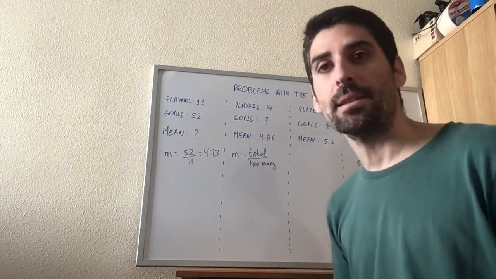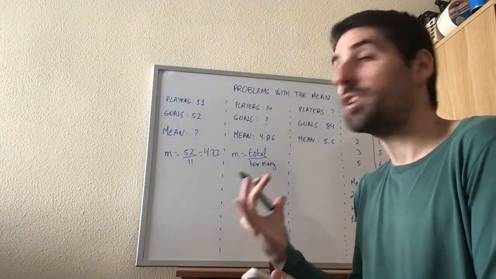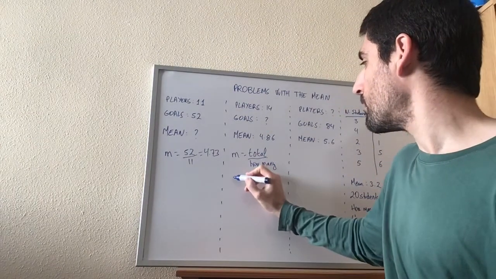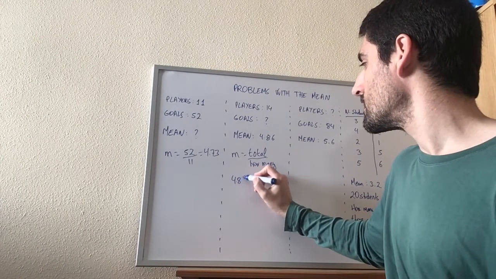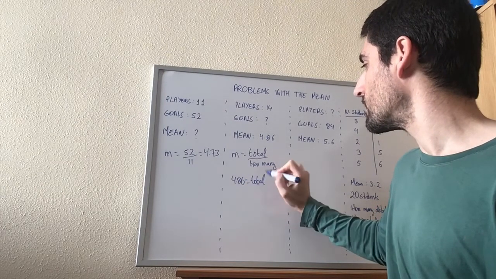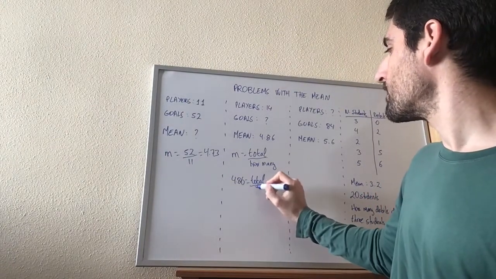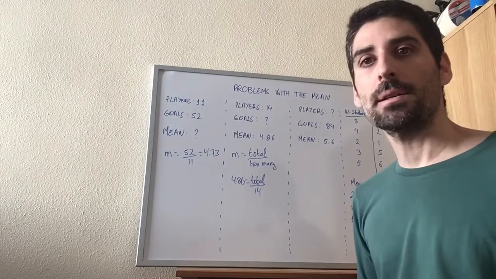This is not very scientific, but you understand this. So I'm just going to substitute the information that I've got. The mean, 4.86, must be the total number of goals, which is what I'm trying to find here, divided by how many players I've got.